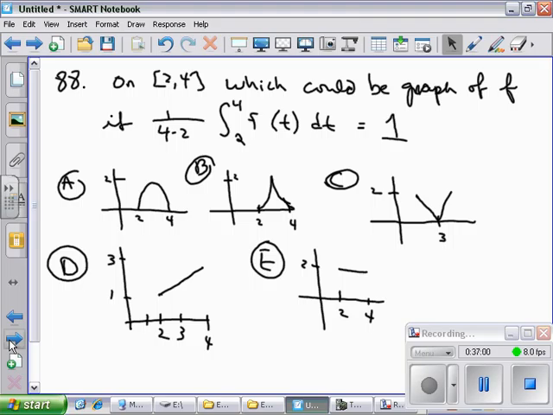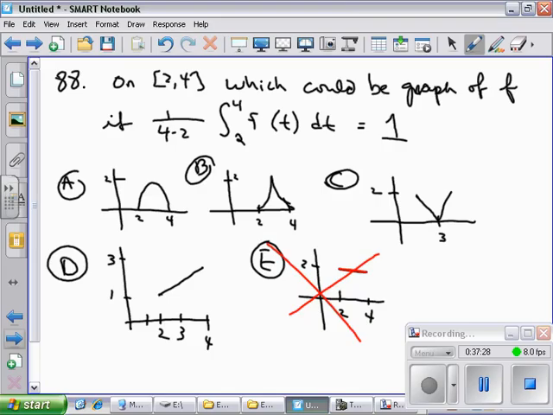All right. So let's see if we can eliminate any of these right off the bat. Are any of these that we can just get rid of? We know its average y value would not be 1. E is, right? Because what would the average value of an E be? Well, the average y value would be 2, because it's always 2, right? So this is not good. You can cross out B and C because it's not differentiable there, right? Nope.